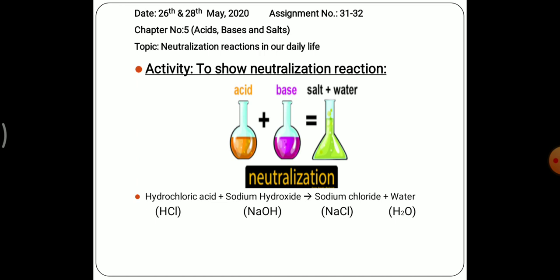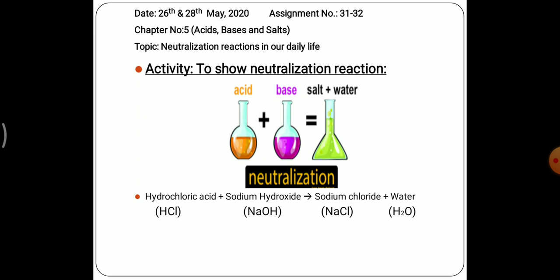Here we can take acid, hydrochloric acid, and base can be sodium hydroxide. So when this acid, hydrochloric acid, and a base, sodium hydroxide, combine with each other, salt is formed, and that salt is nothing but sodium chloride, which is also commonly called common salt which we eat, plus water.